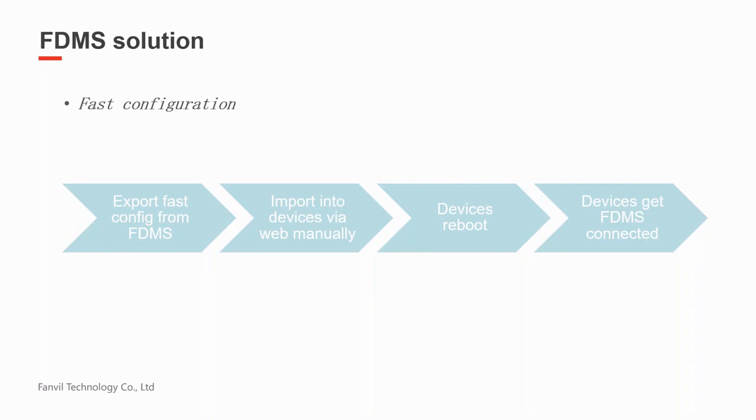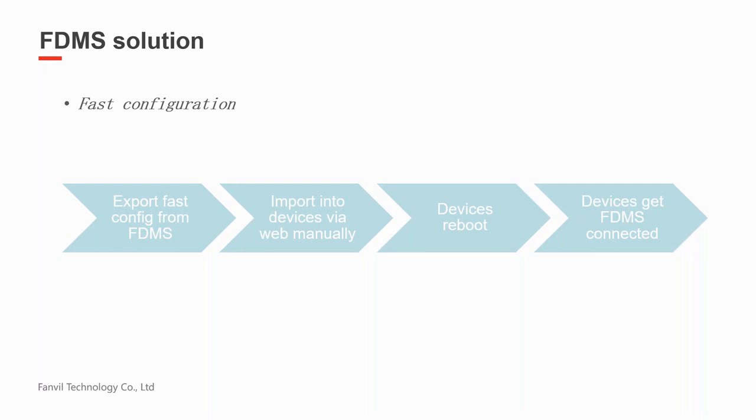The mandatory settings are to set up our devices with the FDMS server's URL, username and password for authentication and access. But we also provide some easier operation methods and configuration to help the devices connect to the FDMS directly. So there are two methods.